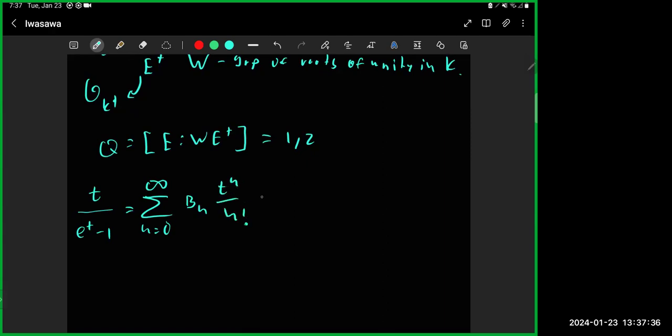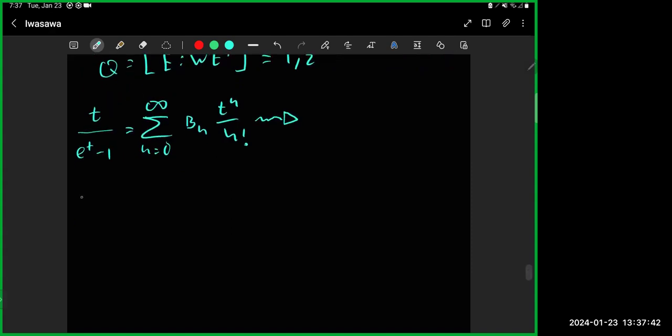And we generalize this to the case of characters, and we say the following. Let f be the conductor of some Dirichlet character chi.